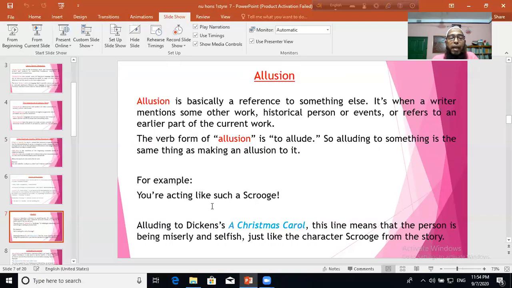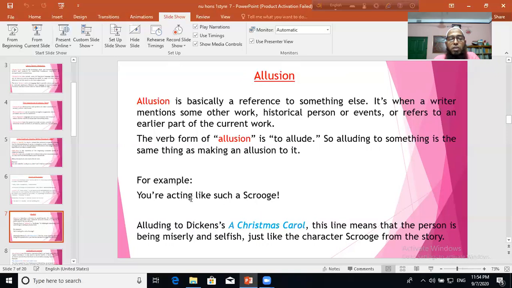For example, you are acting like such a Scrooge. If you say this to someone, what does it mean? Scrooge is a character in the famous book by Dickens, A Christmas Carol.